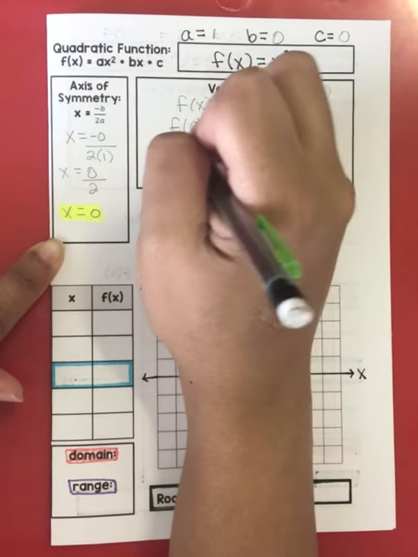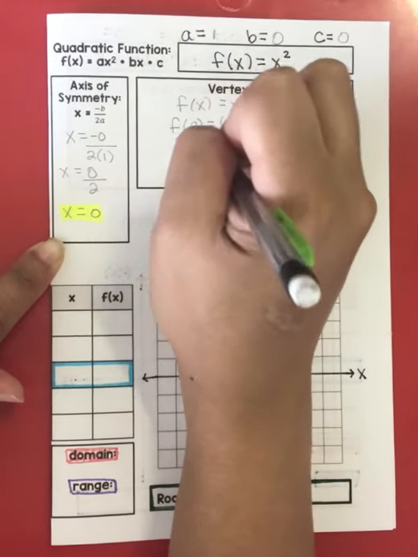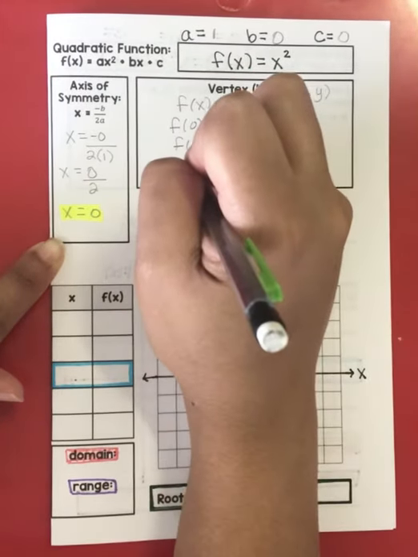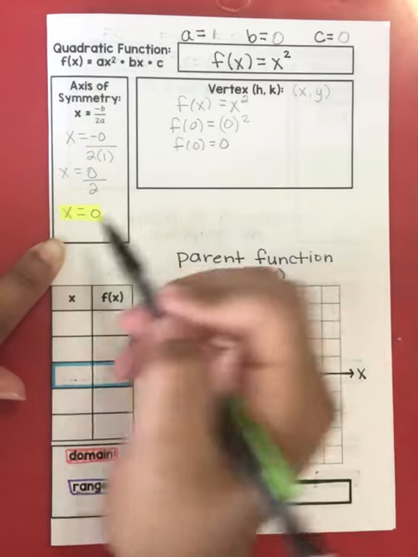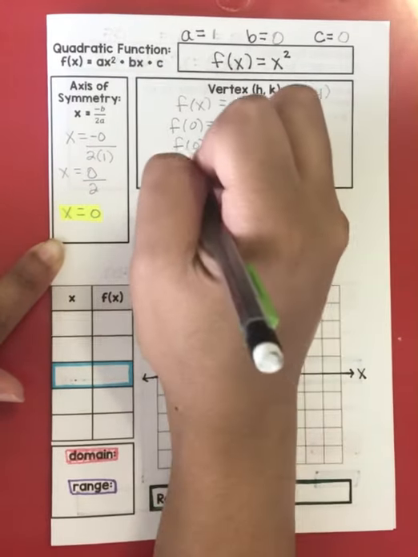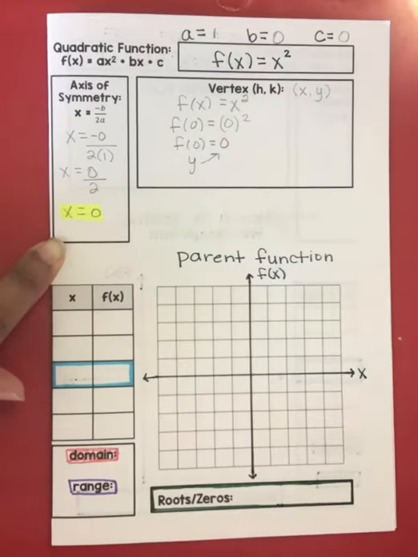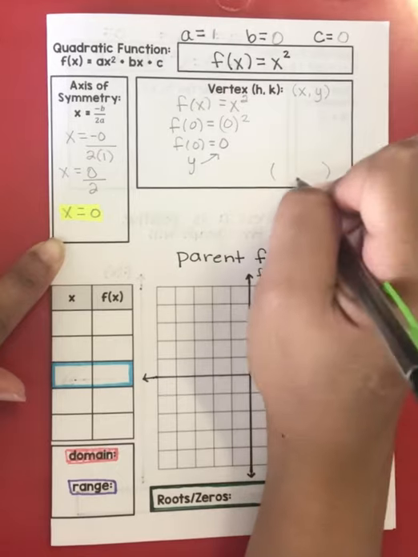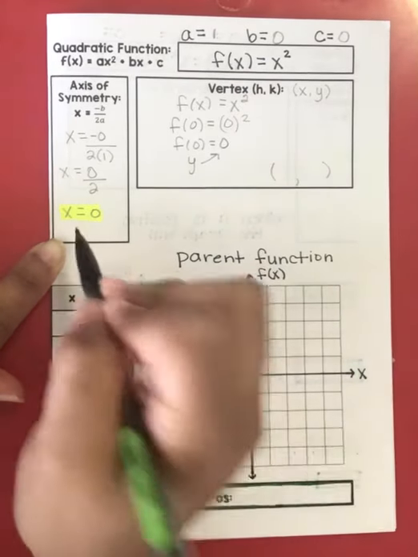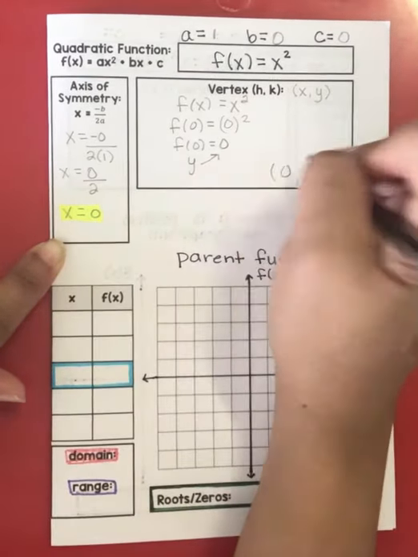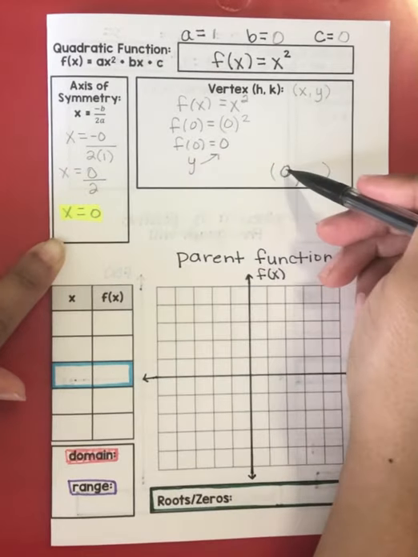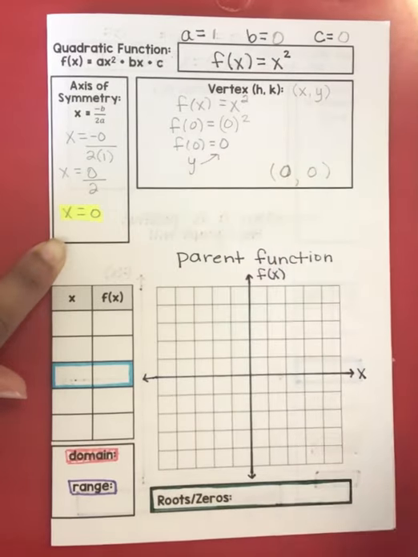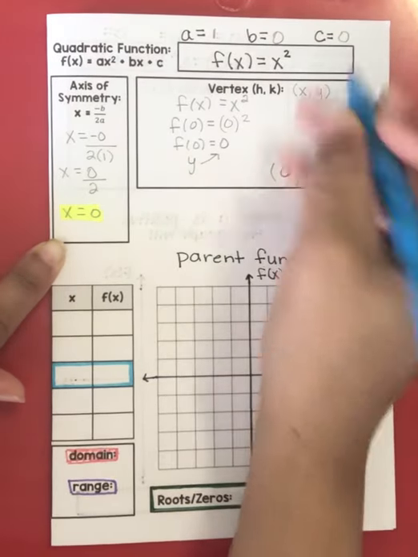So when x equals 0, f of x is also equal to 0. So in this case, x equals 0 and y also equals 0. Now I take my x and my y value and I plug it in for my vertex. My x value is going to be 0. This is where my axis of symmetry comes from. And my y value that I just found was also 0. So now I have my vertex.